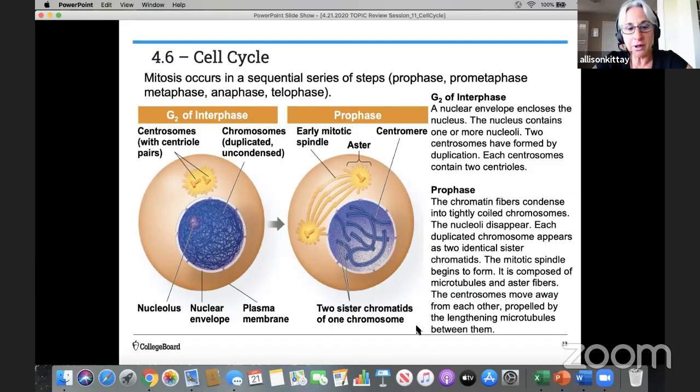You can also see these little asters, which are radiating out from centrioles. And they seem to play a role in the physics or mechanics of bracing those microtubules or spindle during this process of moving chromosomes. One note, centrosomes are only found in animal cells. Plant cells do have centrioles, but they don't arise from centrosomes.